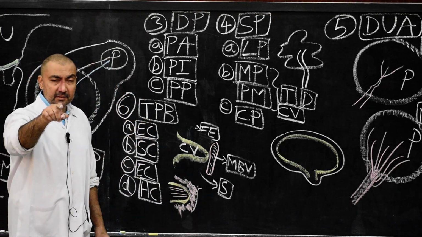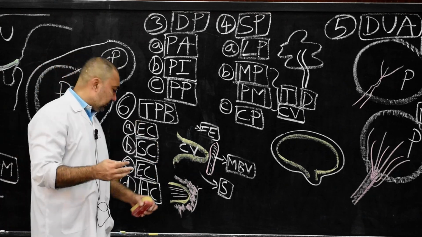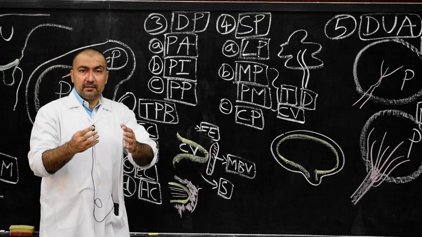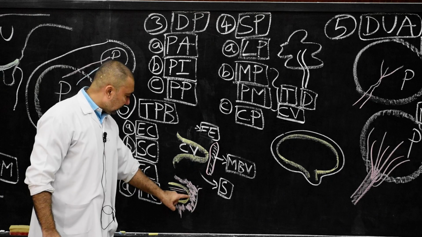So what has happened? We have seen during the development of the placenta that maternal blood is filled up in the intervillous spaces, and those villi are nothing but the chorionic villi.